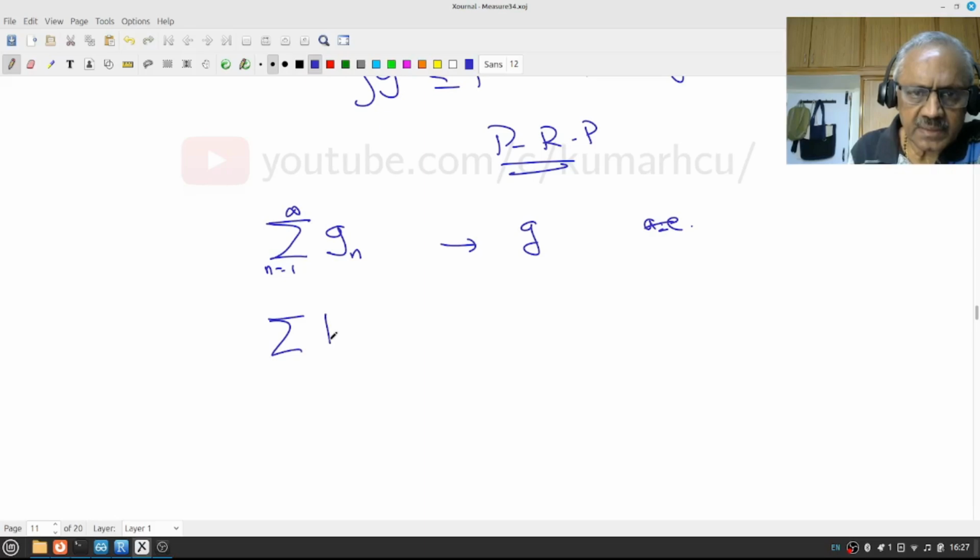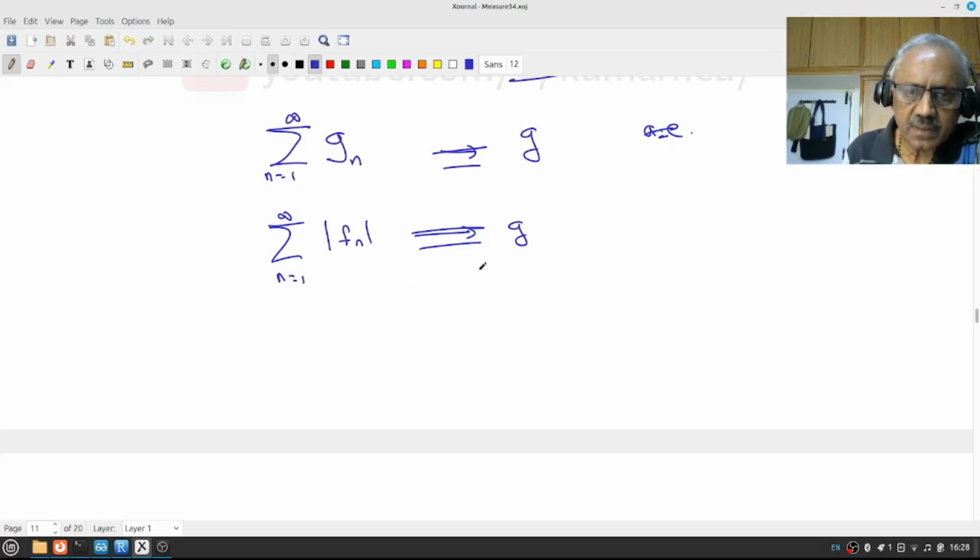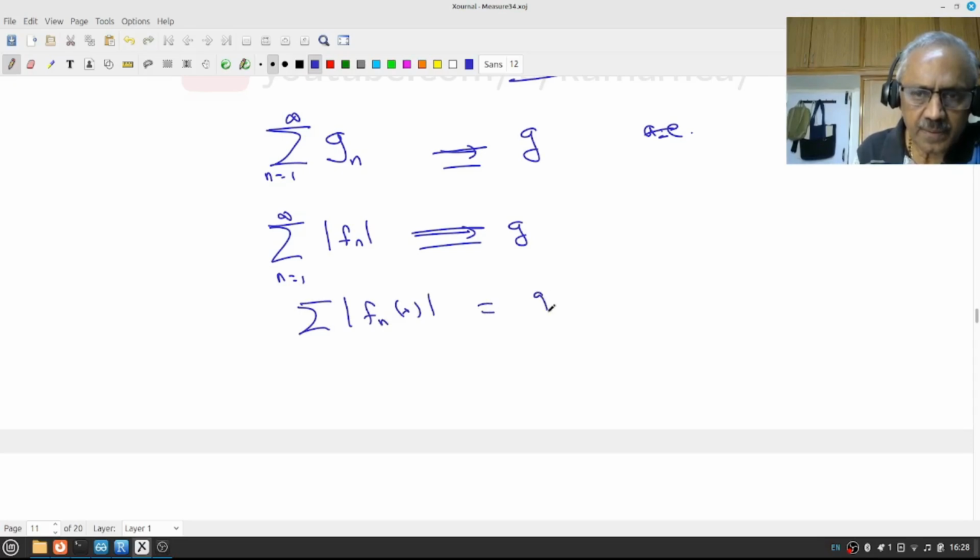My Gn is nothing other than the sum of mod f. Sorry, it's equal to, not converges, when I say equal to this one. And this is true. Therefore, what does it mean? That means the sum of mod fn of x equals g of x for almost all x.